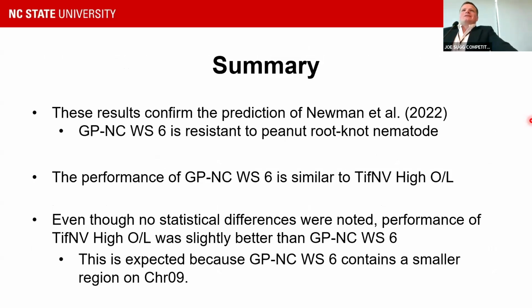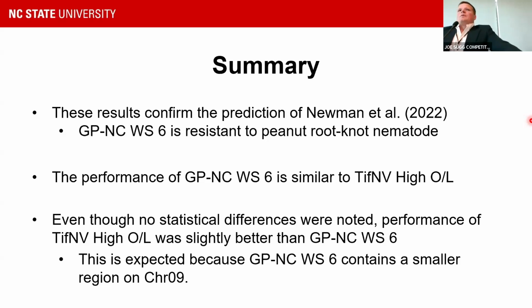So as we go into our summary, we can say that these results confirm the prediction of Cassie Newman's work from 2022, that GPNCWS6 will display resistance to peanut root knot nematode. We saw that the performance of GPNCWS6 was similar to the TIFF-NV line. Even though there are no significant differences noted between the GPNCWS6 and the TIFF-NV line, we did see slightly better performance, or reduced nematode activity, in the TIFF-NV line compared to the GPNCWS6.